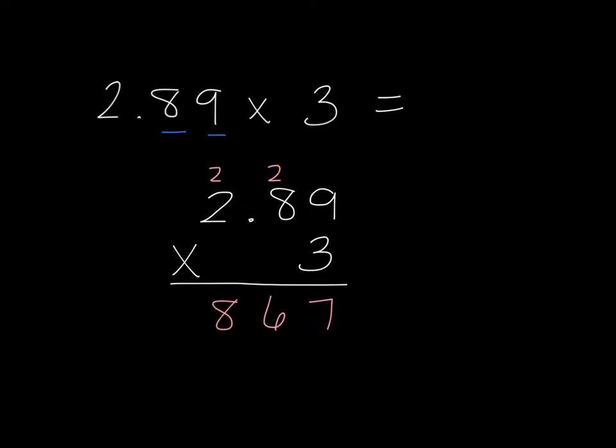And then like we talked about before, we have 2 decimal places in our factors, and so there will be 2 decimal places in our answer. So we start at the end and we move 2 places and place the decimal right here between the 8 and the 6. So the answer to the problem would be 8 and 67/100ths.